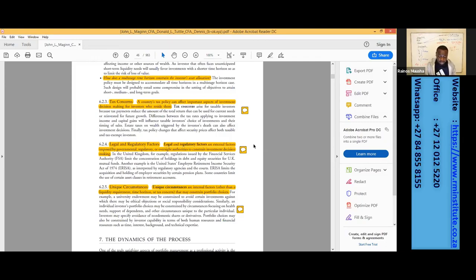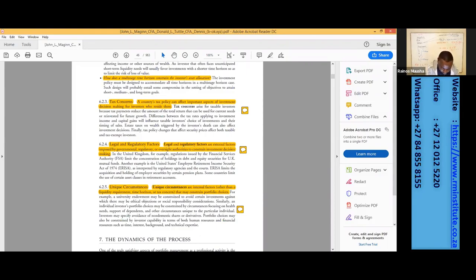So because of this, when it comes to the legal regulatory issues, you have to bear in mind the issue of insider trading, which means that they need to make sure that they do the proper disclosures when the client is now considering moving the securities of their employer to other forms of investments as well. So those are some of the legal and regulatory issues that you have to bear in mind or indicate or highlight when it comes to the investment policy statement that you're going to be preparing as well.